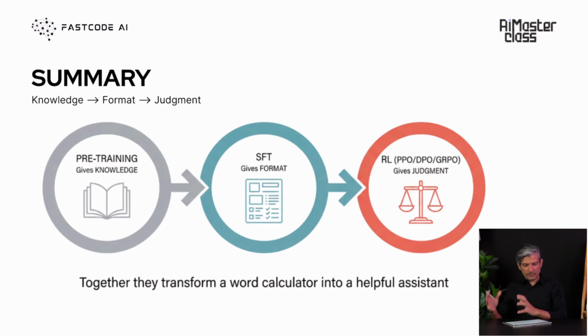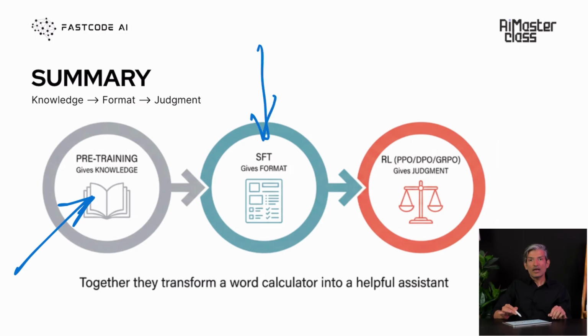And in summary, we do pre-training where we learn the knowledge. We then do supervised fine-tuning where we learn the format. Instead of continuing the question, which pre-training will do, this will actually learn to answer. And finally, RL gives judgment without changing the model too much.